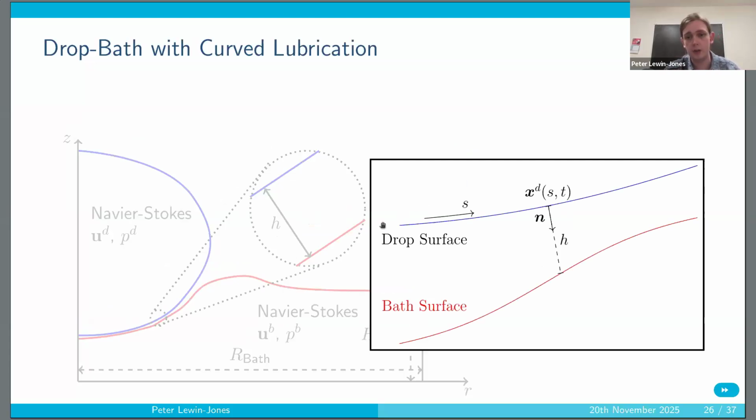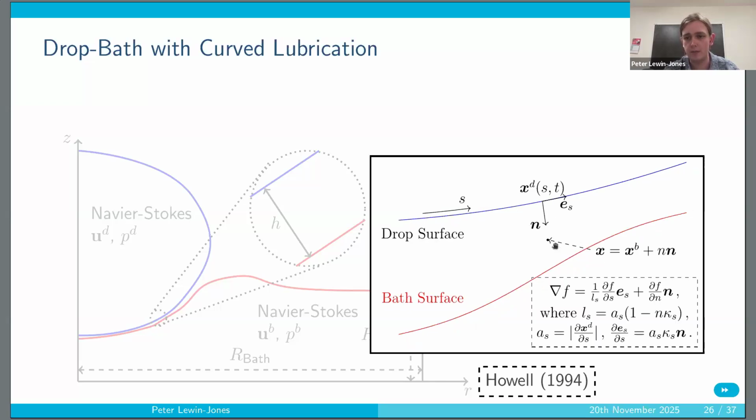And so what we've done is look at how this is otherwise a well-studied problem, but in different settings. I've got my drop surface parameterized by some coordinate s. I've got my normal, and then I'm measuring my height by projecting this normal. So what we can do is set up a coordinate system within my gas film: here's my position on the surface, and then I'm projecting out some distance n.